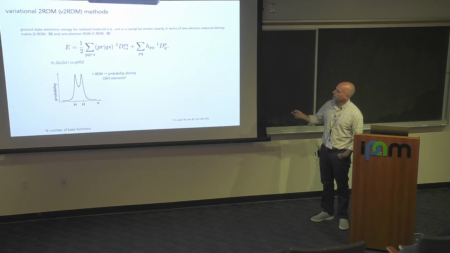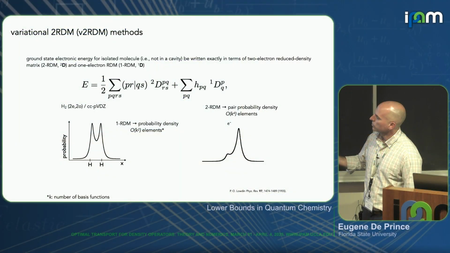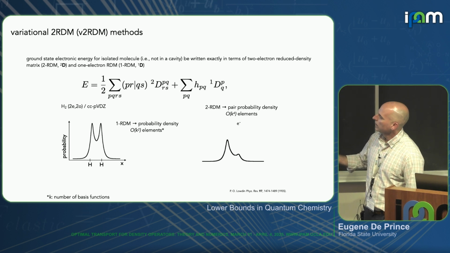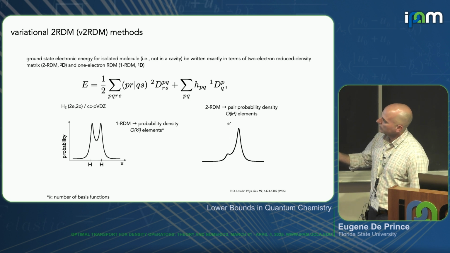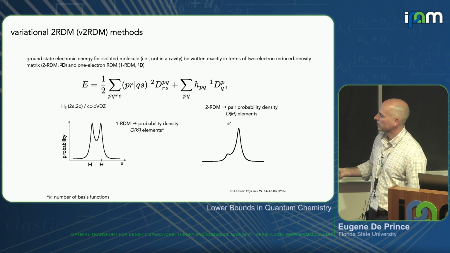Physically, these quantities map onto density distributions. The 1-RDM maps onto a probability distribution: where will you find your electrons? And then the 2-RDM maps onto a pair probability distribution, where you say, OK, I've got an electron that's sitting wherever this is, where am I likely to find the other electron? And you can see that these electrons' motions are correlated. And the cool thing is that just with information about these probability distributions, you know the energy exactly.